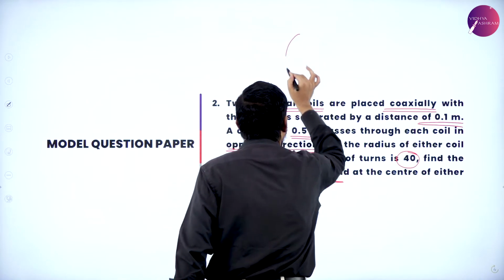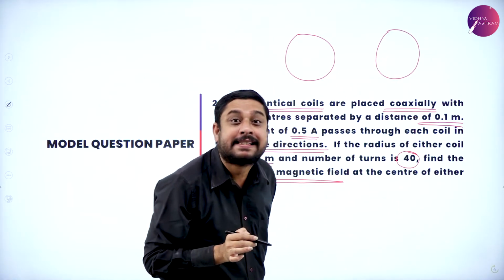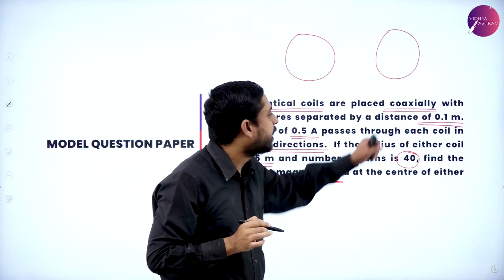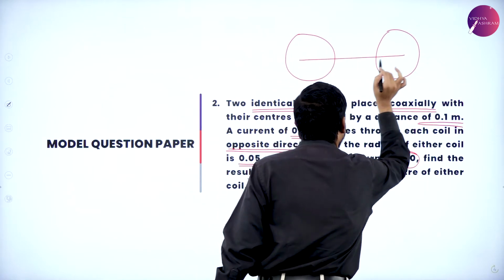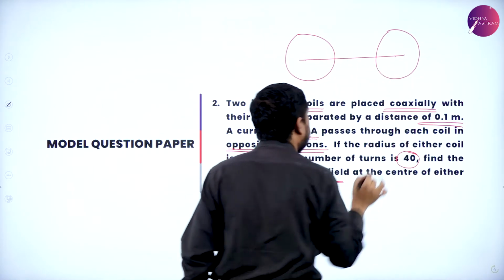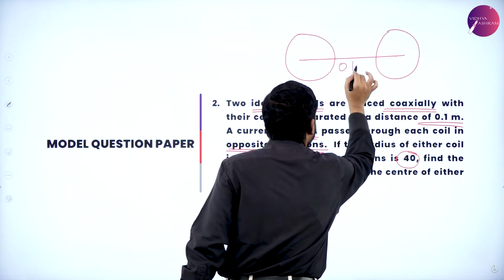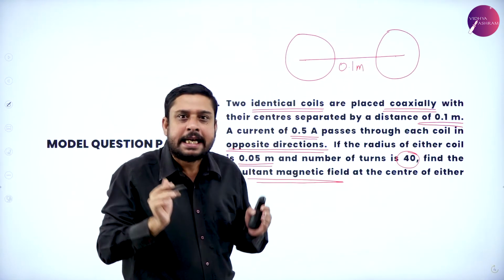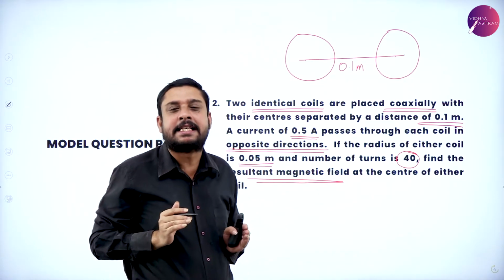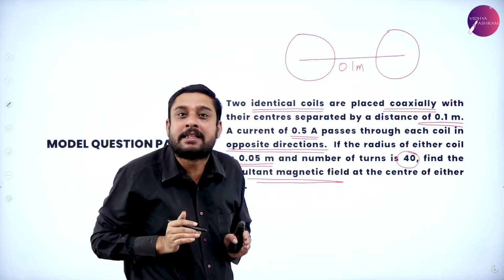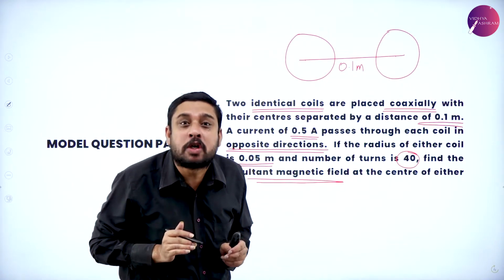So there are two coils which are placed coaxially, with their centers separated by a distance of 0.1 meter. The hint here is, the currents in the coils flow in opposite directions.